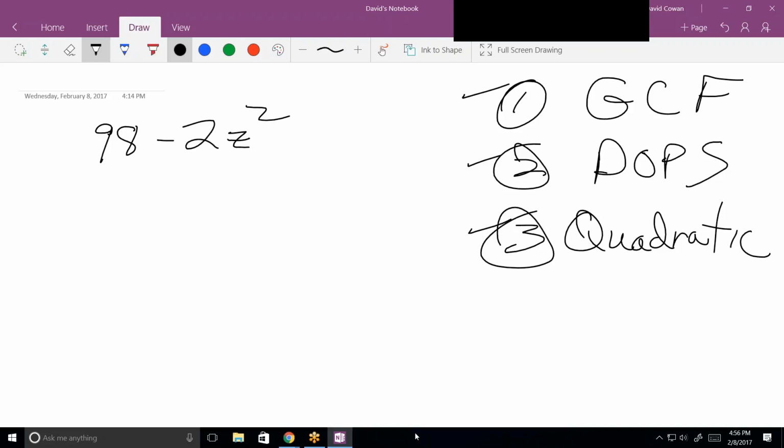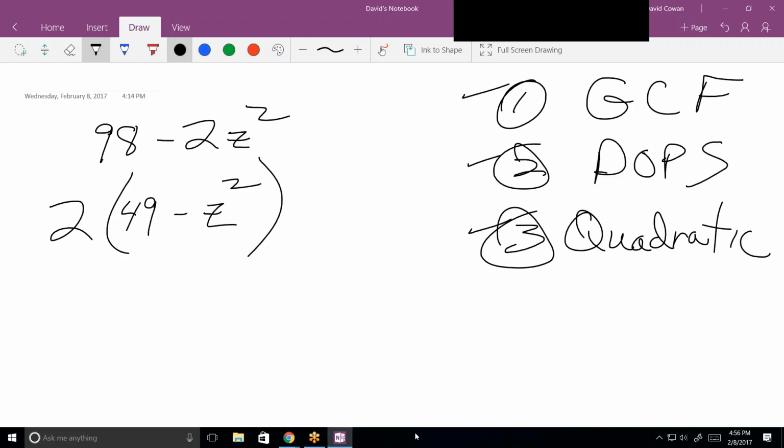Is there any number that divides into both of these things evenly? Yeah. 2. So I can take a 2 out, leaving behind what? It's half of 98, which is 49 there. Okay.